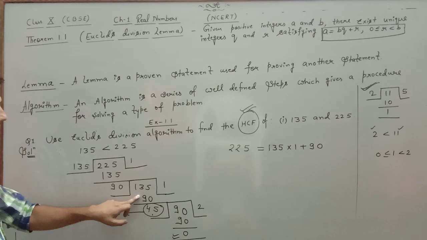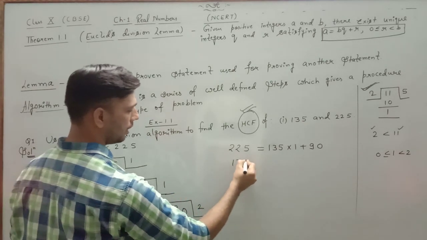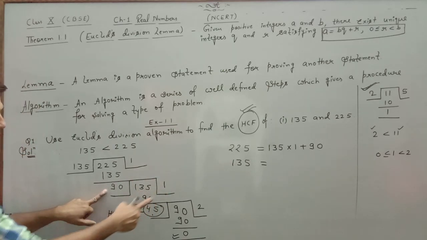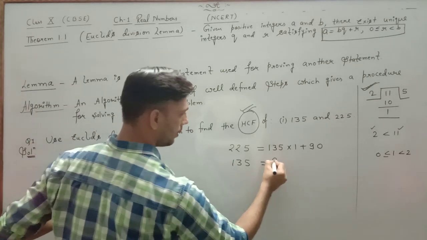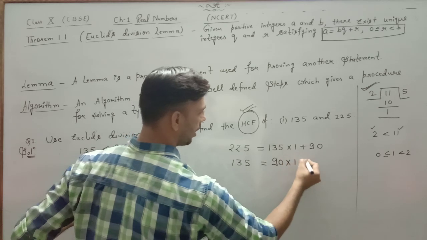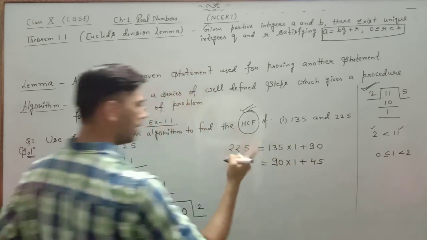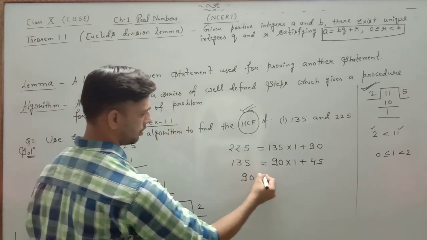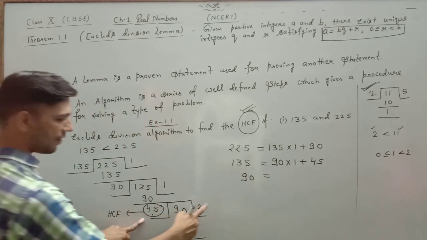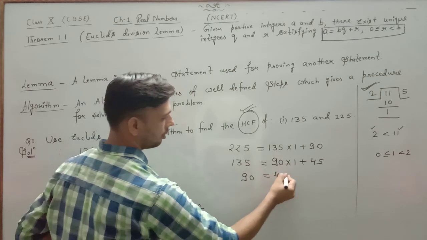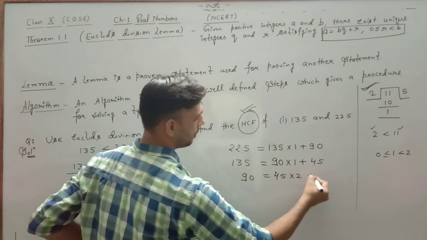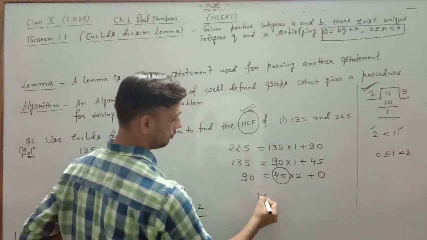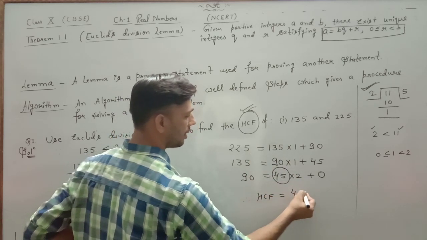Now in the next step, 135 is equal to 90 into 1 plus 45. Now in the last step, 90 is equal to 45 into 2 plus 0. So 45 is the HCF.